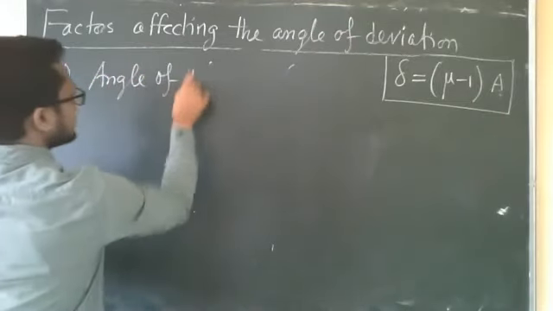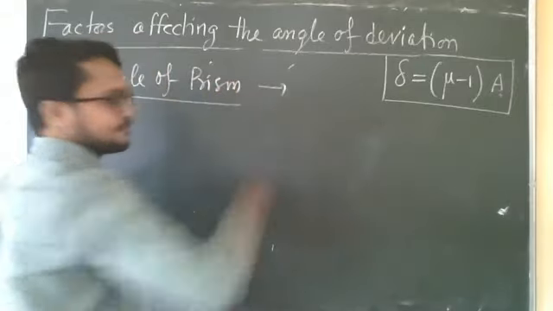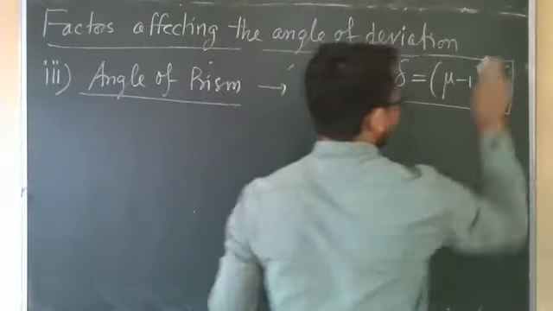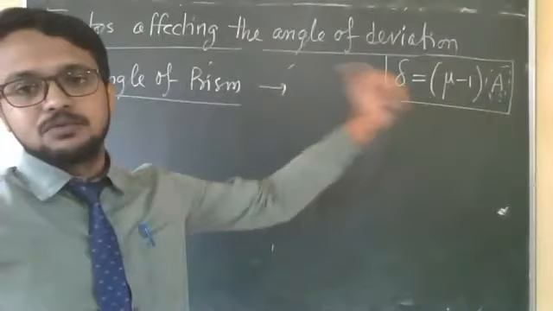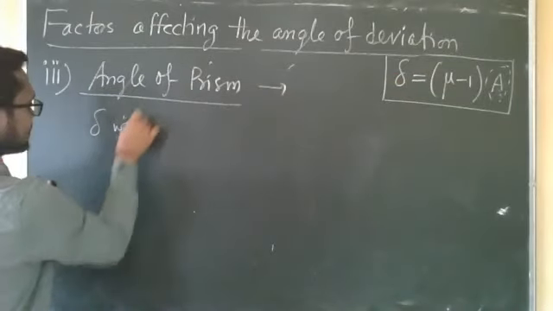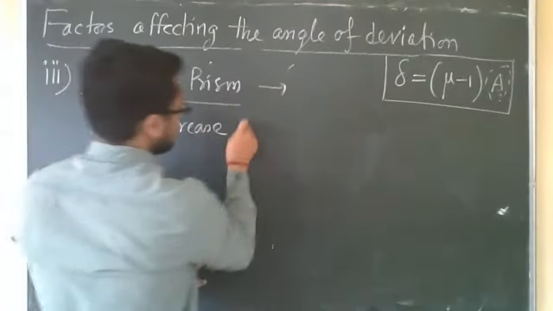Again go to that equation. Angle of prism is this one. So it is a direct proportion. If we keep mu constant, delta will increase. Direct proportion means delta will increase with the increase of A.